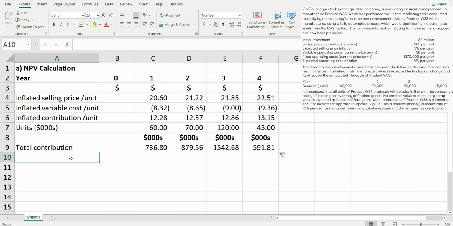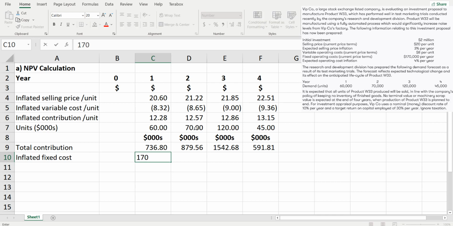Okay, now we have inflated fixed cost. Fixed cost is given 170,000, so 170, we're taking 1000 in common.